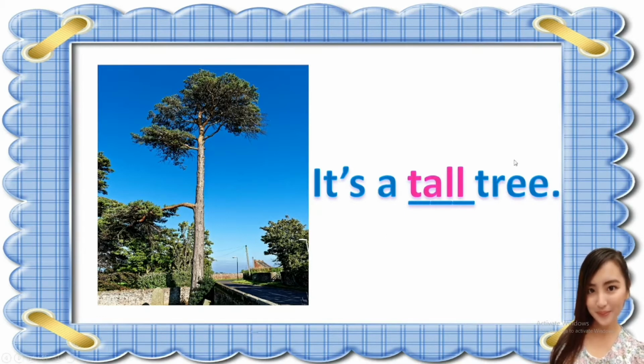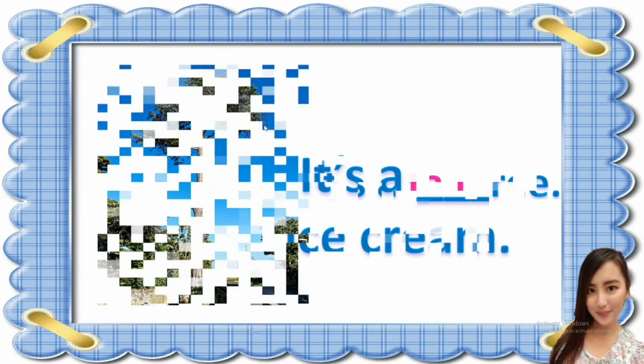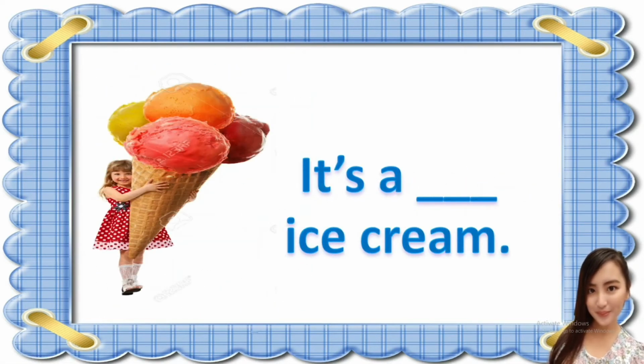Tall is an adjective used to describe this tree, which is a noun. Another example. It's a blank ice cream. So what word or adjective can you use to describe this ice cream? Big. It's a big ice cream. Great.